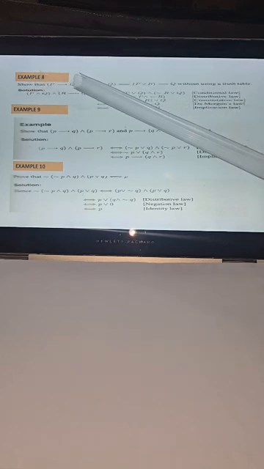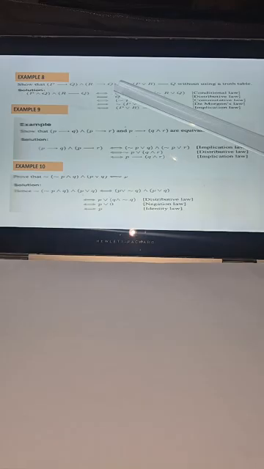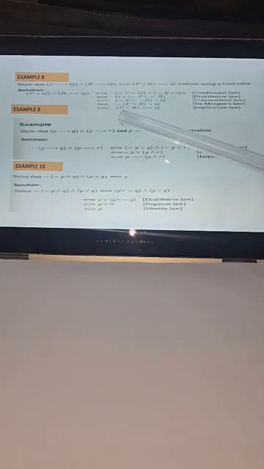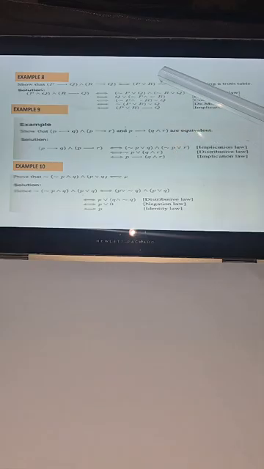Here, P to Q is nothing but negation P or Q, and R to Q is nothing but negation R or Q. Then you write by distributive law as (negation P and negation R) or Q. Now, by De Morgan's law, you take the negation outside: negation of (P or R) or Q. So that is nothing but (P or R) to Q, which is the required answer.